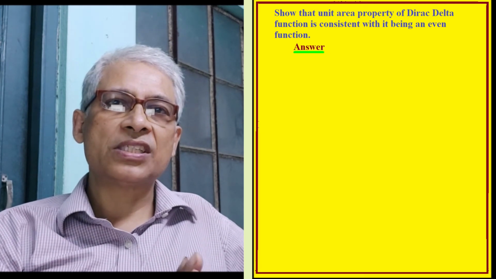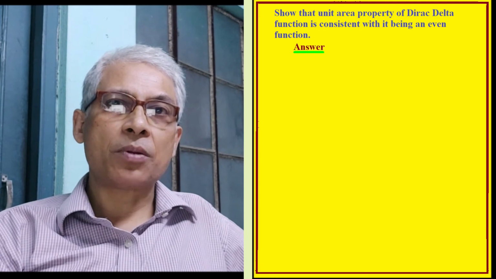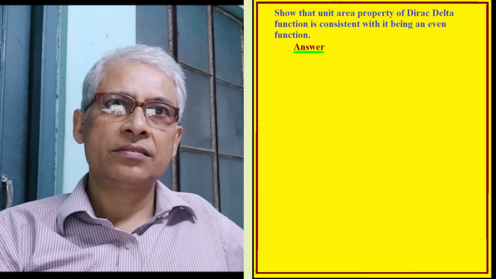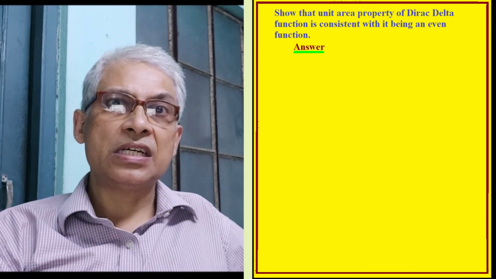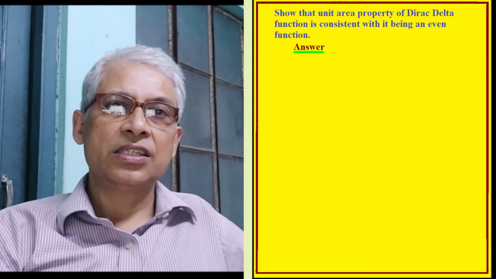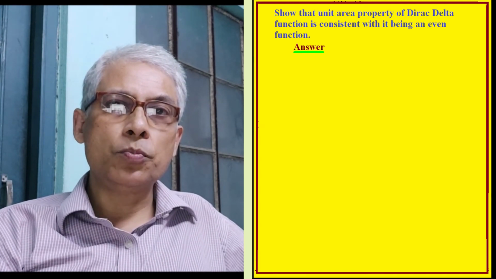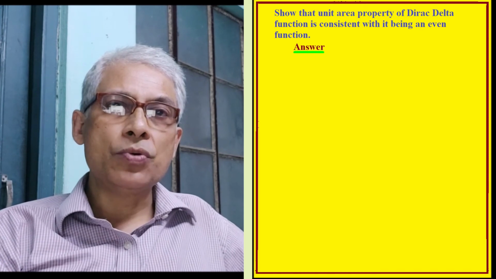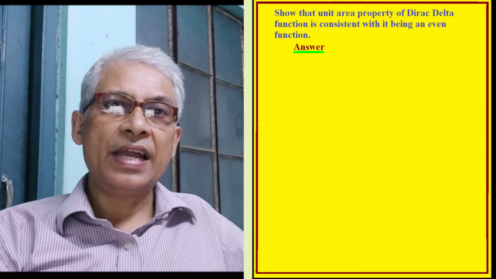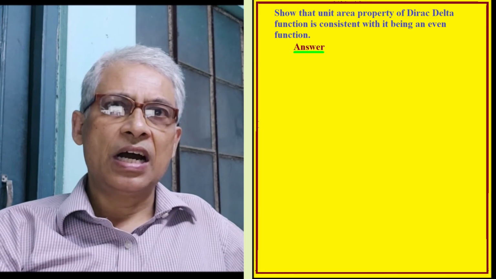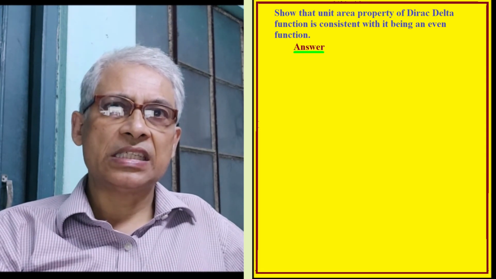Can we prove the same from the unit area property of Dirac delta? The question you see in the slide asks us to check if the two properties, namely unit area of Dirac delta and the property that Dirac delta is an even function, are consistent with each other.